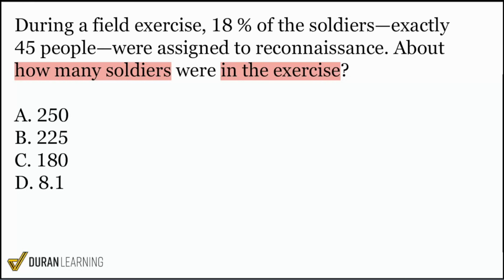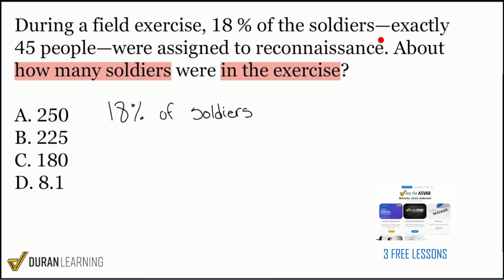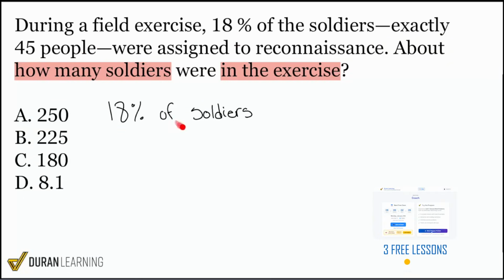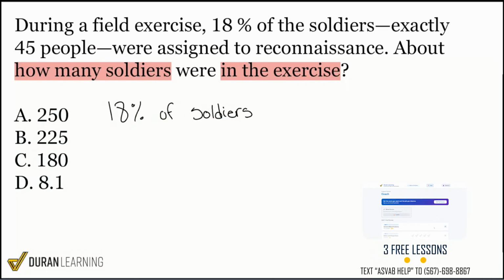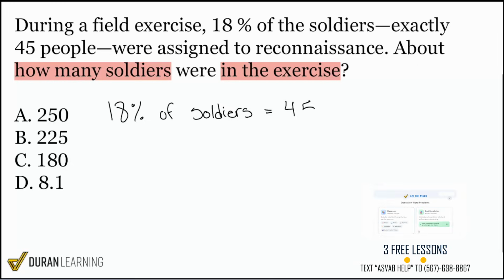Here it says, during a field exercise, 18% of the soldiers, which is exactly 45 people, were assigned to reconnaissance. Okay, everybody. 18% of the soldiers, which is 45 people, were assigned to reconnaissance. How many soldiers were in the exercise?